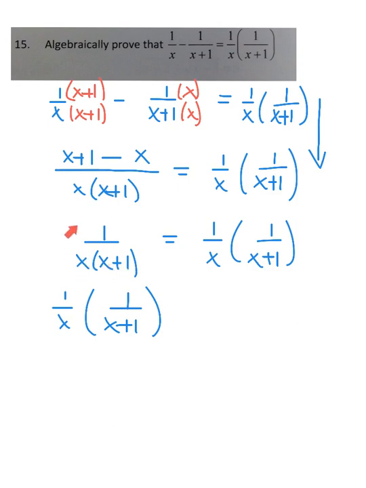So what I did was I just split this fraction up into 2 separate fractions whose product, when I multiply, gives me this. And the reason why we're doing that, obviously, is because then that matches the right side of the equation, which is our goal, because algebraically proving means let's try to get the left side to match the right side. Okay? And so, therefore, we have proven it.